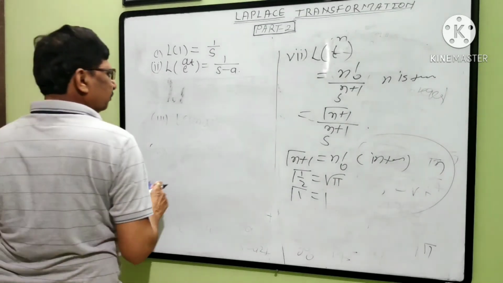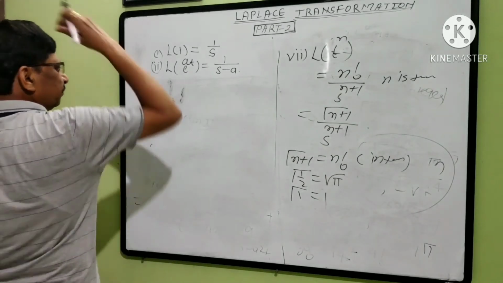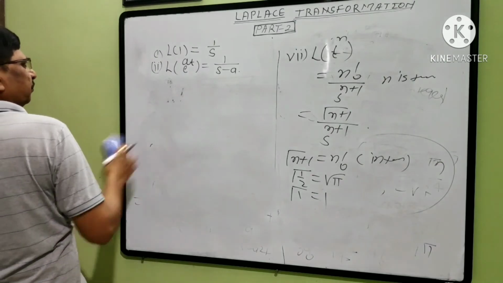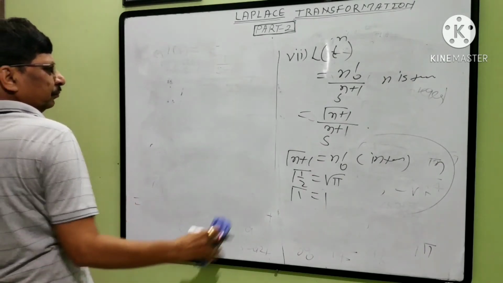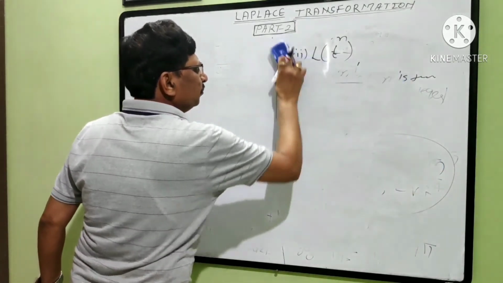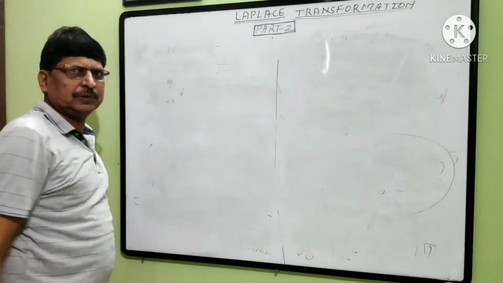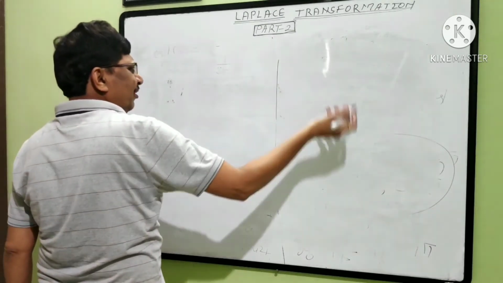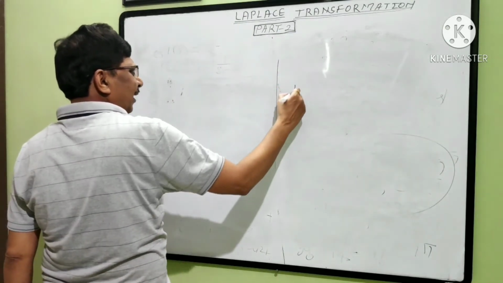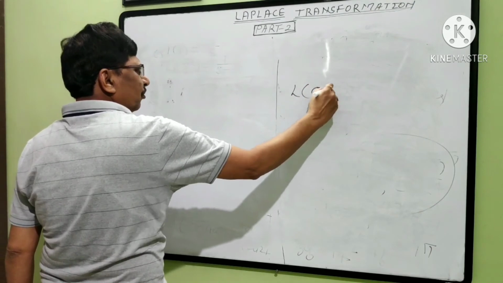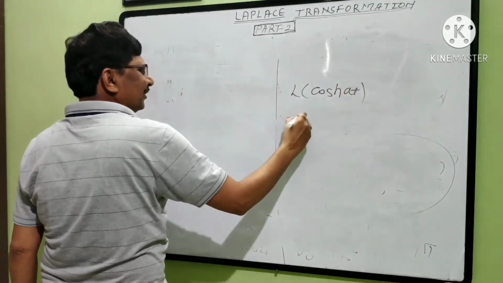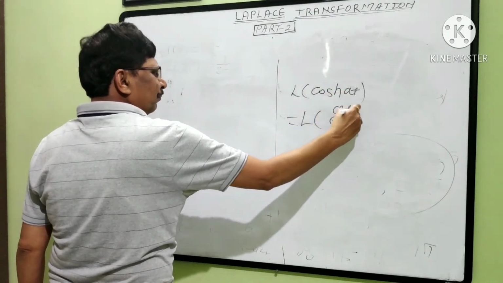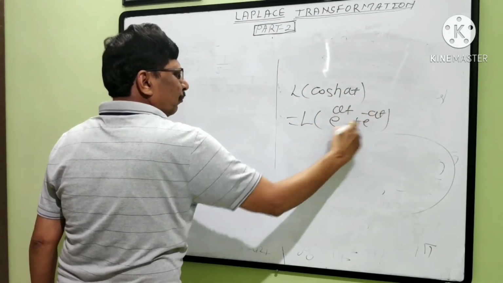Now if you want to find how we have derived, I am just going to summarize this. Laplace transformation of suppose cos h at. Cos h at means Laplace transformation of e raised to at plus e raised to minus at upon 2.